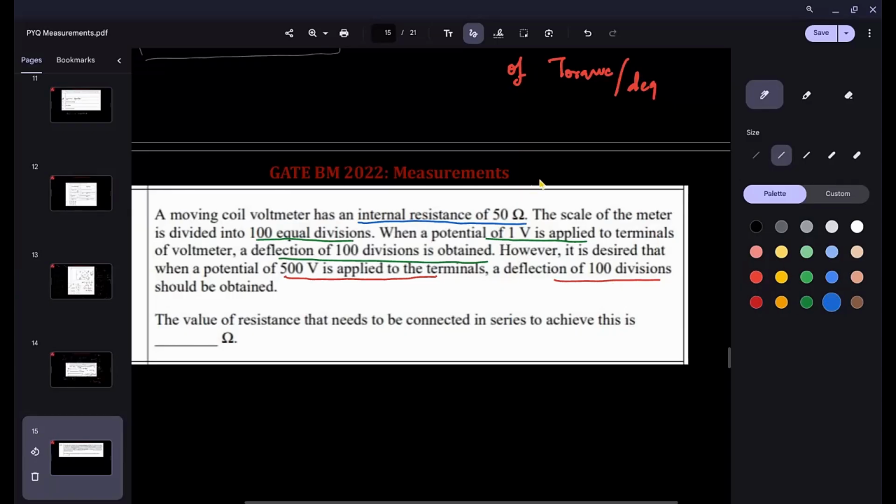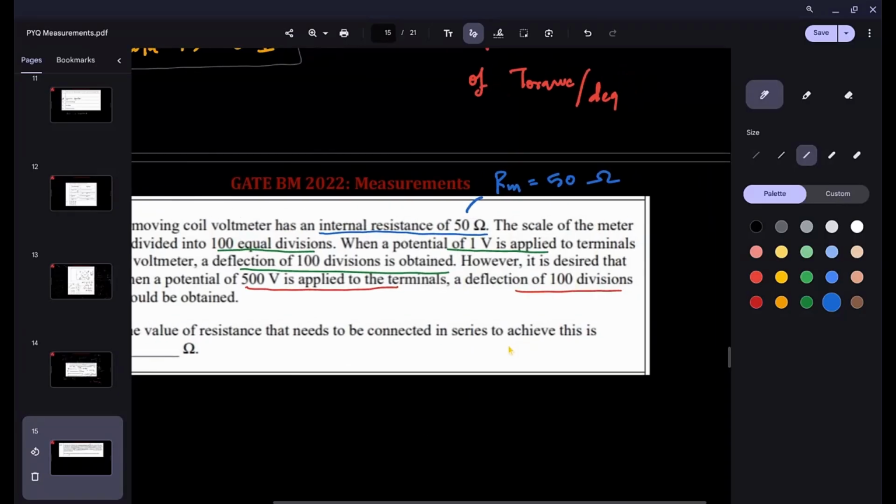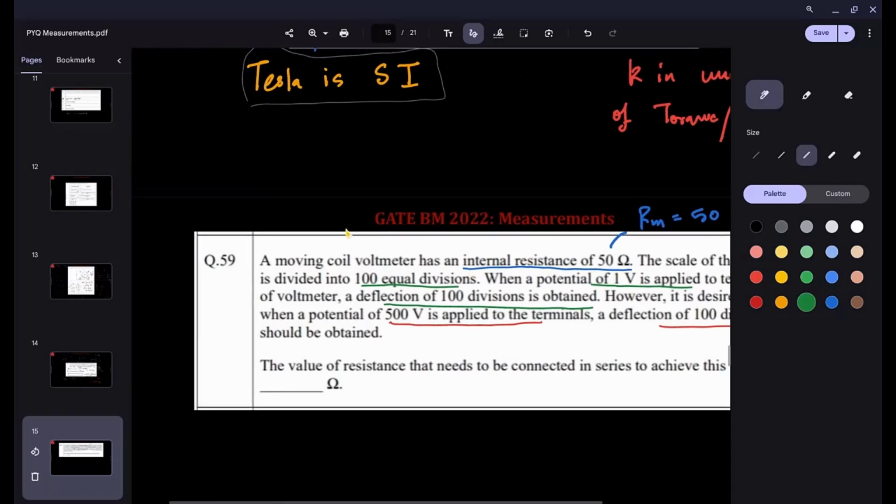Notice RM. This is your RM, 50 ohms. Then full scale deflection is 100. Fine, that is correct. This is full scale.